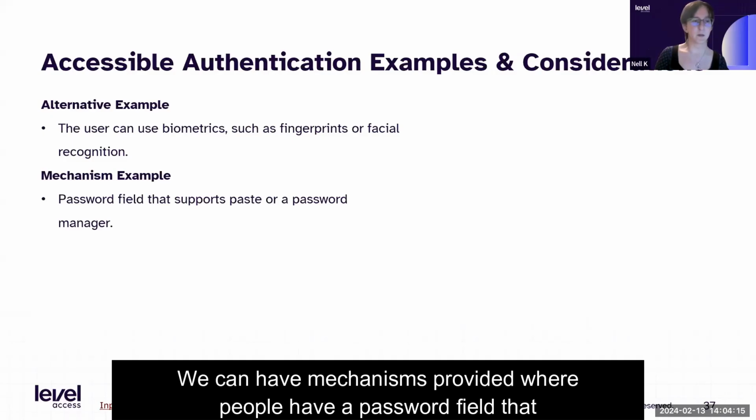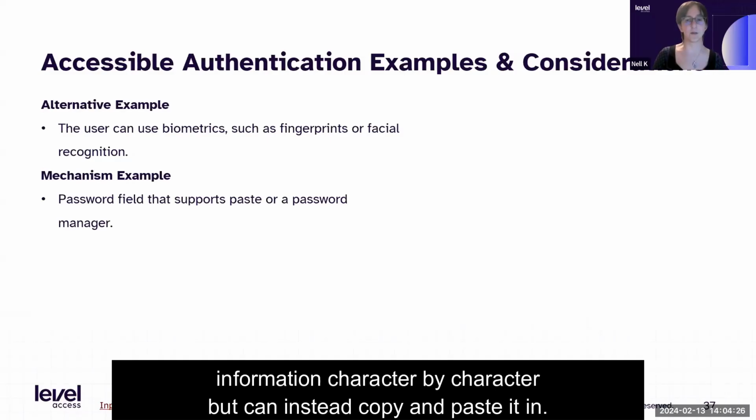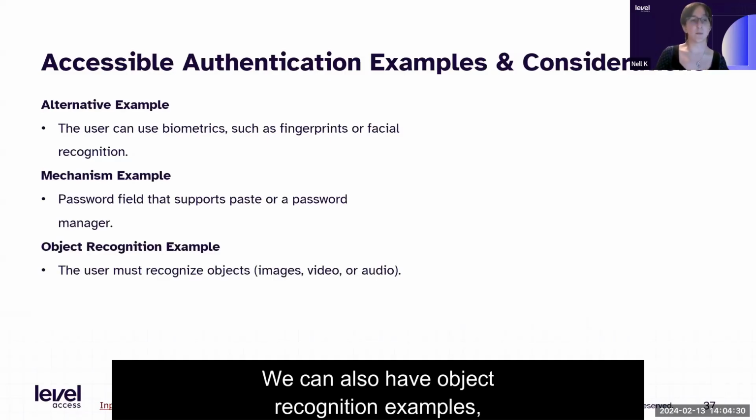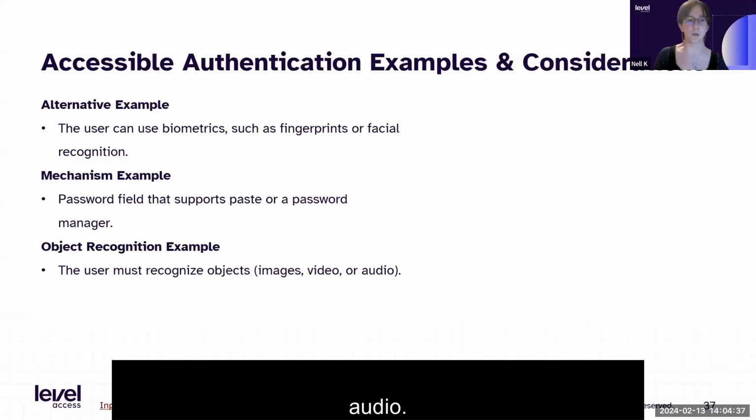We can have mechanisms provided where people have a password field that supports paste or password managers, so people don't have to always enter the information character by character, but can instead copy and paste it in. We can also have object recognition examples, so the user can recognize objects such as images or video or audio.